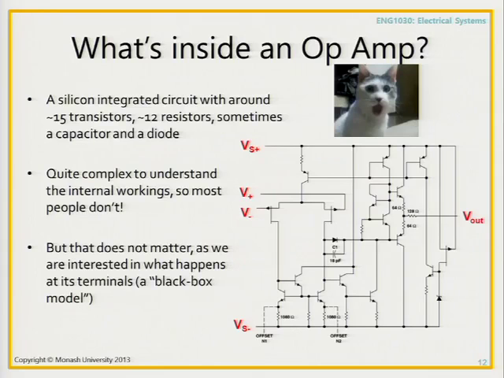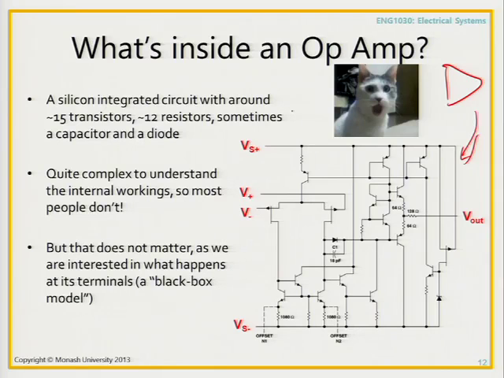So what's actually inside the op amp? For that little triangle, if we broke that apart and had a look inside, the circuit diagram would look like this. Your reaction may be the same as the cat's.